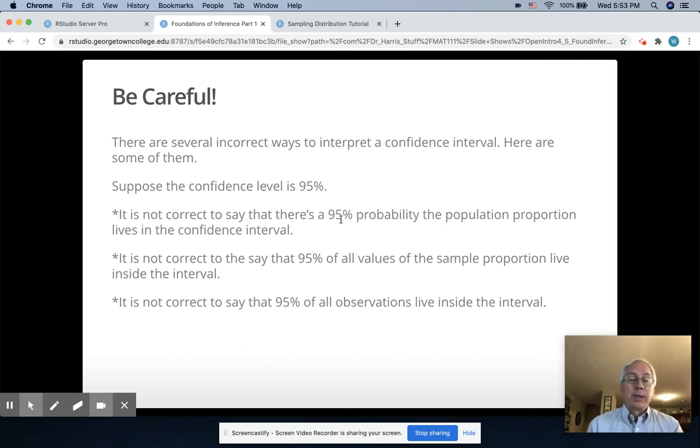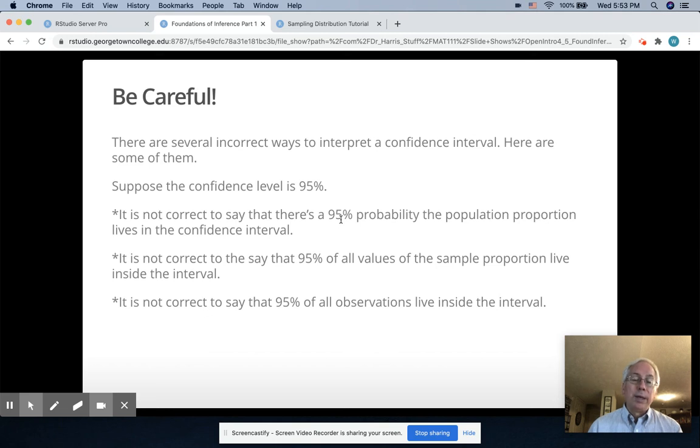It's also not correct to say that 95% of all the values of the sample proportion live inside the interval. That's the standpoint that we can't use here. What we want to say is that 95% of the time, the sample proportion will live within 1.96 standard errors of the population proportion, but not that 95% of all sample proportion values will live inside the interval.